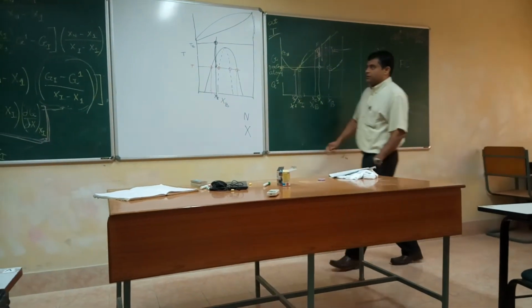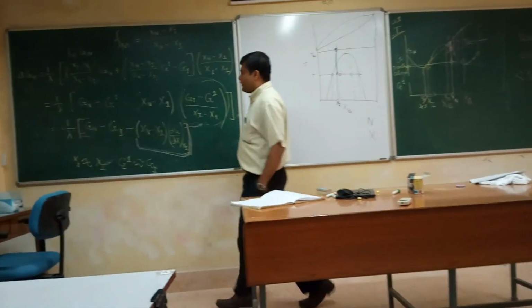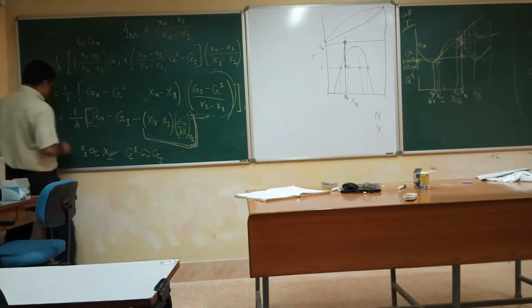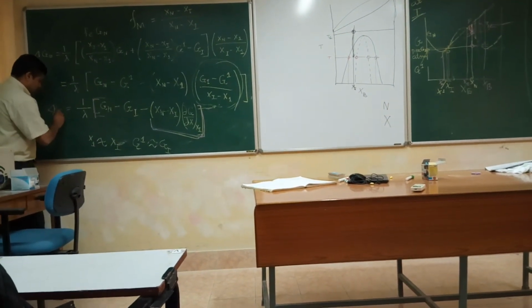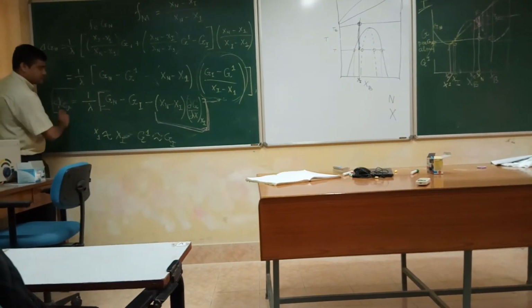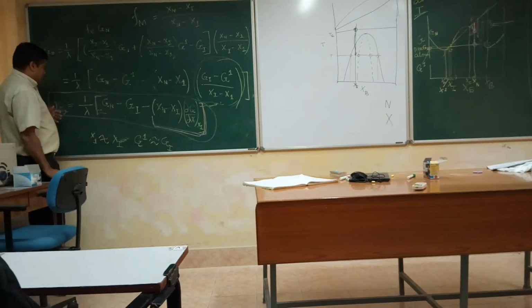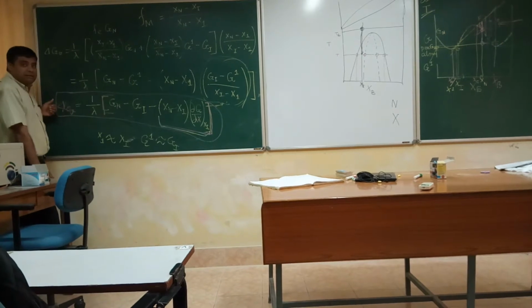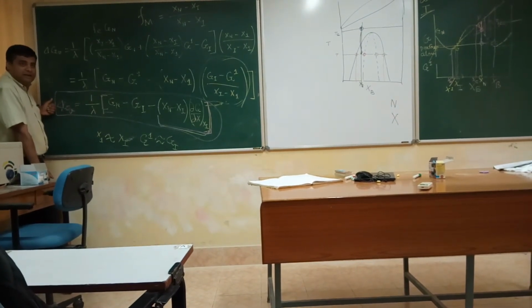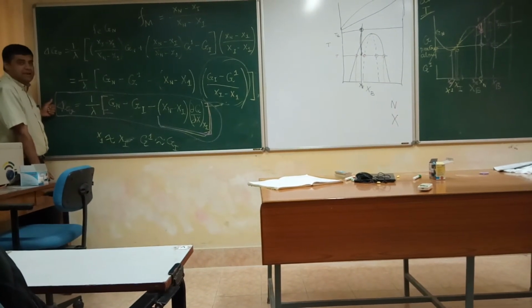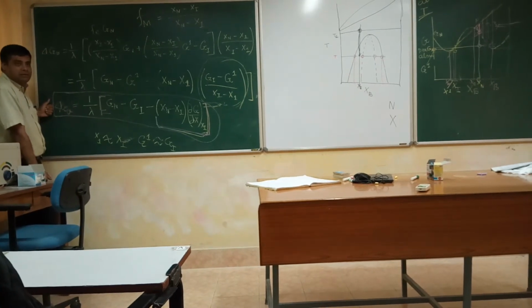Now take the derivative of this expression for delta GV with respect to xi. Can you do it?